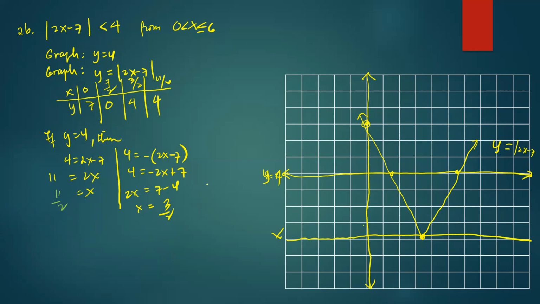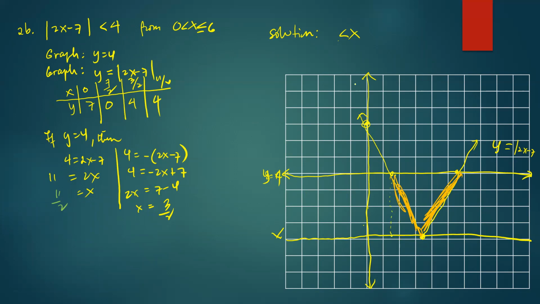Okay. So again, we are looking for the part of the graph that is less than 4. So again, we are interested in the part of the graph that is below the specified line. Okay. So therefore, our solution is x is greater than, what is the x here?